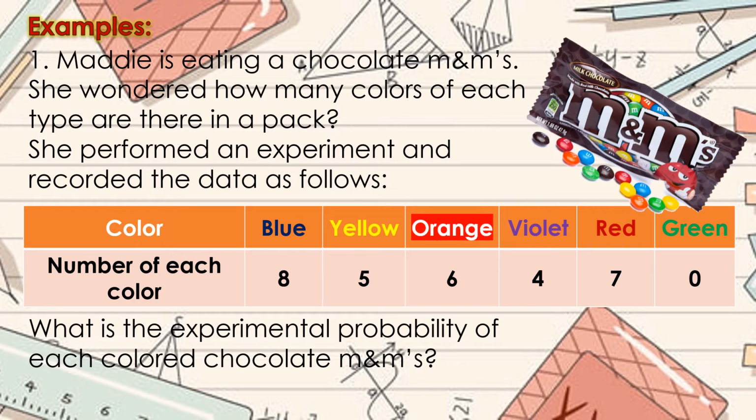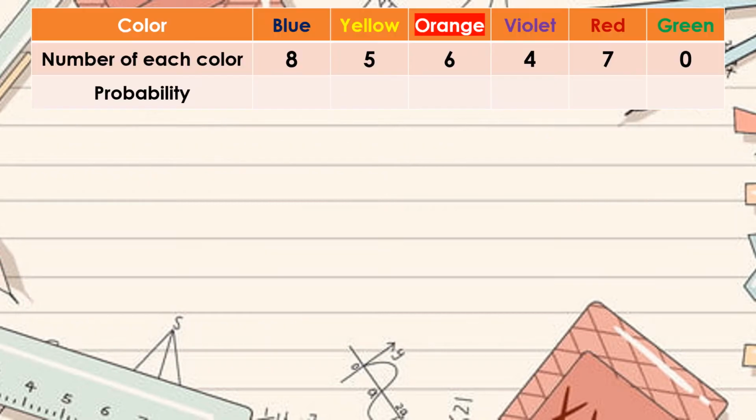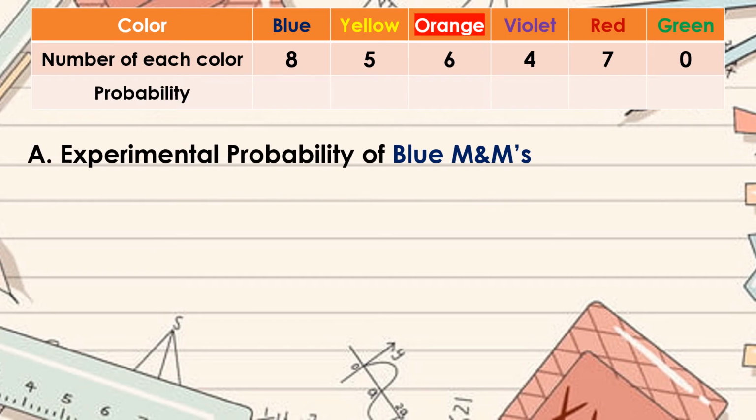What is the experimental probability of each colored chocolate M&M? So, kukunin natin ang probability ng bawat kulay na nakuha sa M&Ms. Ito ang ating data. For letter A, the experimental probability of blue-colored M&Ms.